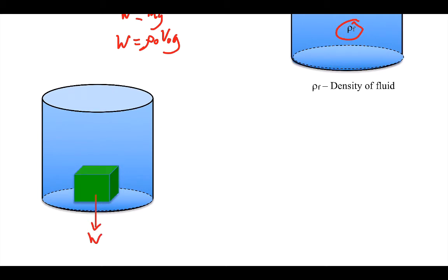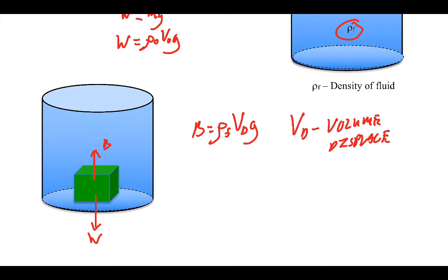But now the fluid itself is going to exert its own upward force, and buoyant force is an upward force. And that buoyant force is based on the density of the fluid and what I'm going to call the volume displaced. In other words, the amount of fluid volume that is actually displaced.